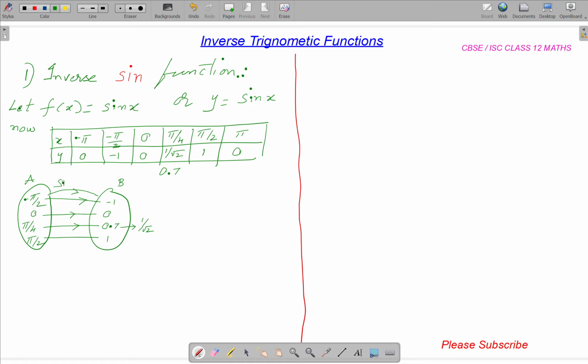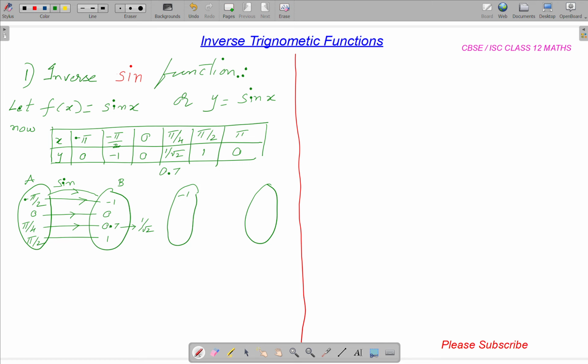This is the sine mapping. Now in a similar way, for the sine inverse mapping, the range values become the domain side and the domain values become the range side. This is the domain side of sin x, and this is the range side of sin x.